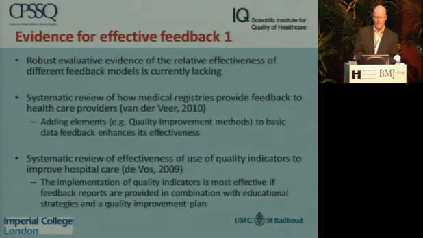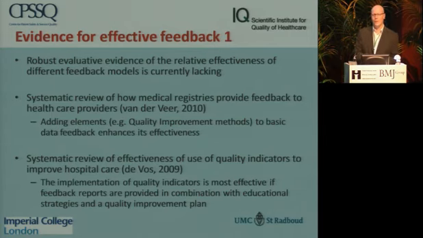The study by Van der Veer, for example, was a systematic review of how medical registries provide feedback to healthcare providers. And there's been another recent study by De Vos looking at the effectiveness of use of quality indicators to improve hospital care. These studies conclude, along with others looking at the role of knowledge of results, that feedback can be effective in improving quality, but when it's combined with other methods.